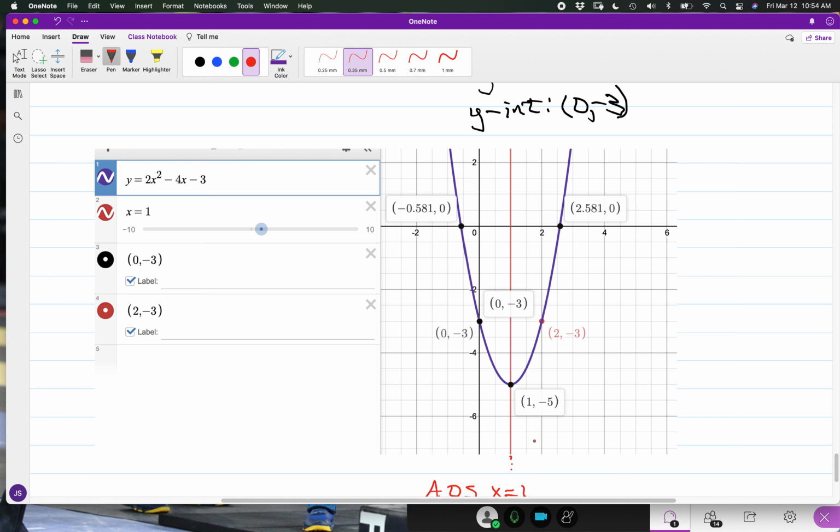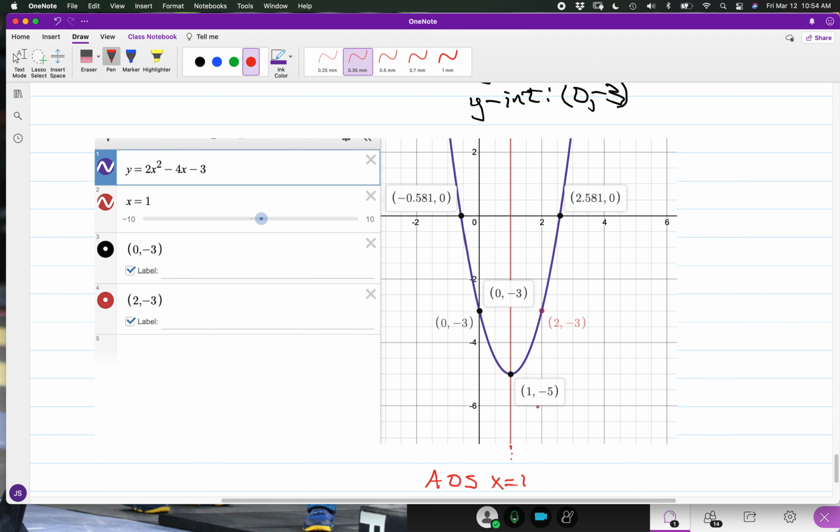So you've got the vertex, and because the leading coefficient is positive, the graph opens up from the vertex. In this case, we have 1, negative 5, and as we go up, at the same y value, you're going to have your x values equidistant from the axis of symmetry.